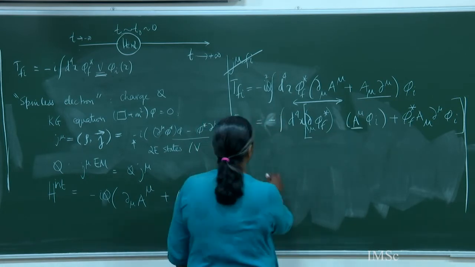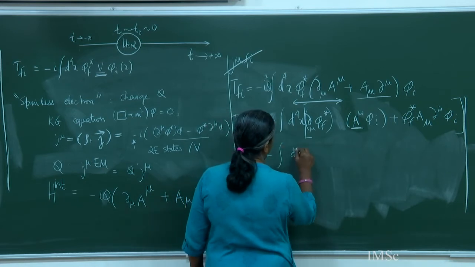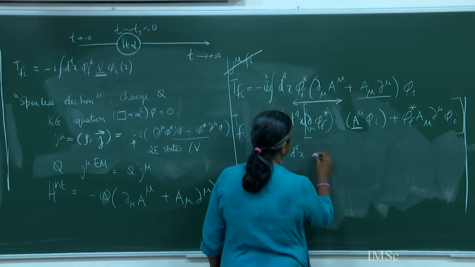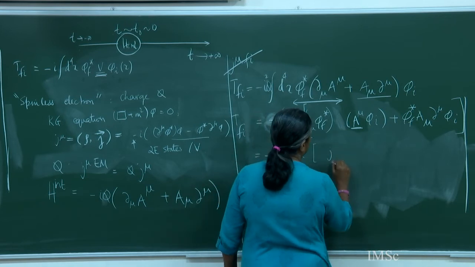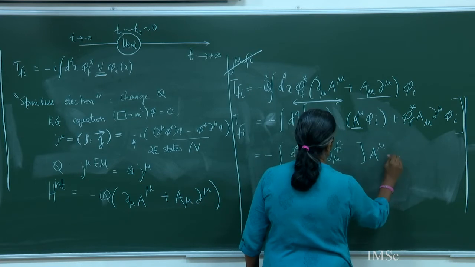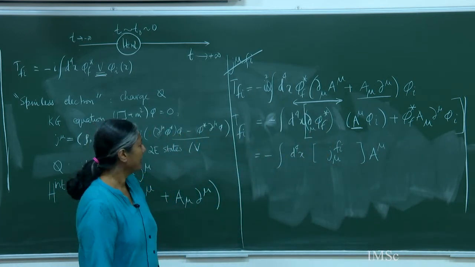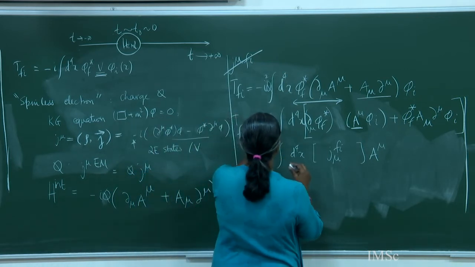So this was what I identified as, up to a sign, we do not know what the sign is, J mu fi times A, okay, and there was a q, so we will put the q over here.